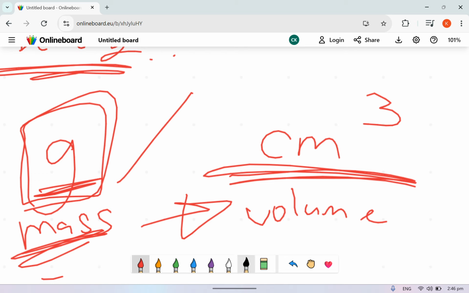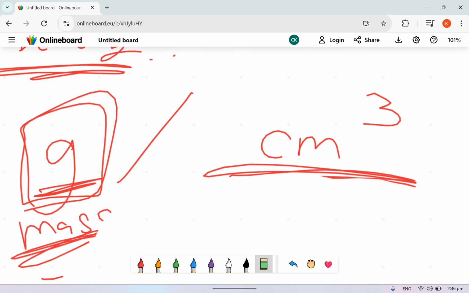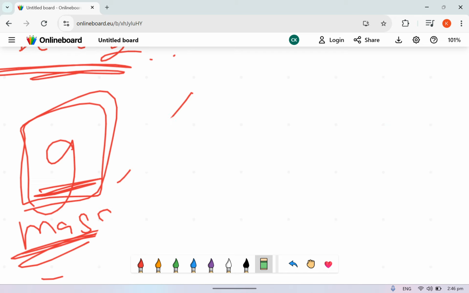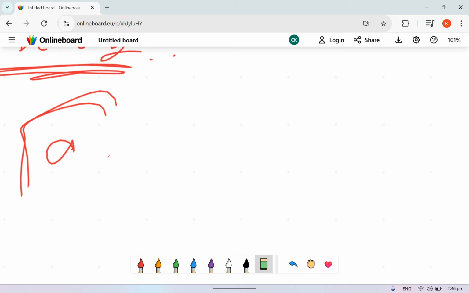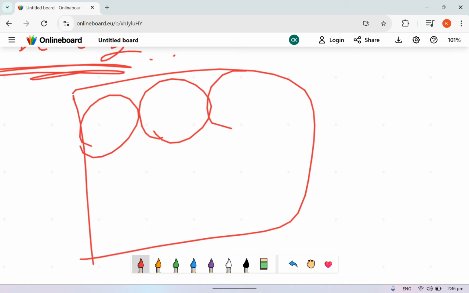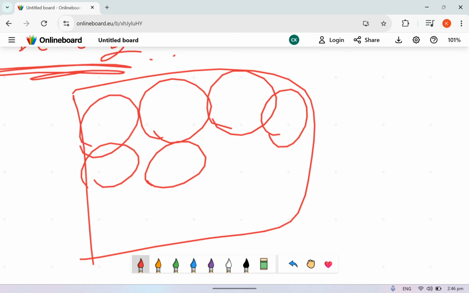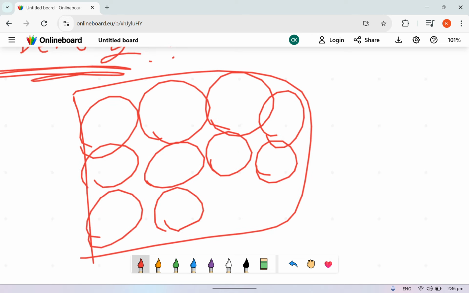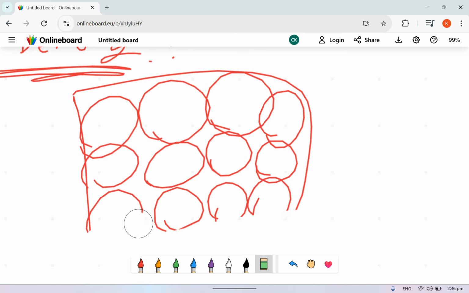That's literally what it means. So of course, if it's more tightly packed, it will be denser. In a solid, according to the kinetic particle theory, the molecules are arranged in this way. They're so tightly packed together. So that's why solid is the densest.